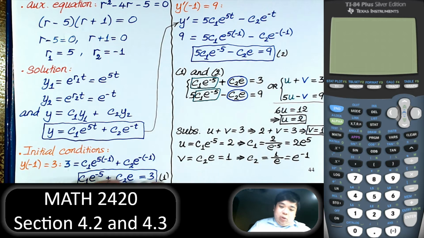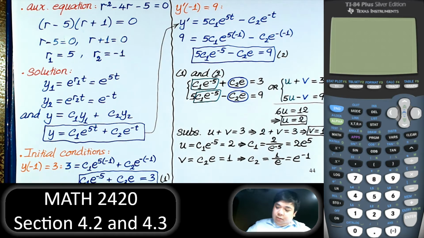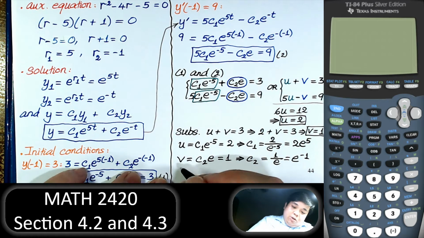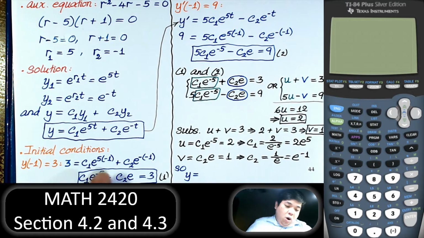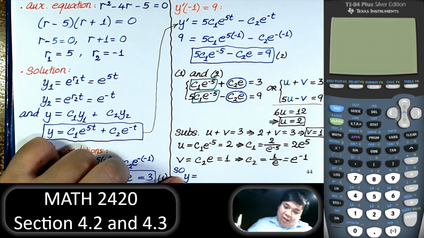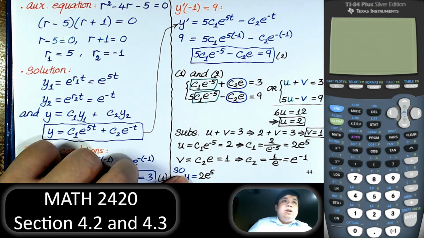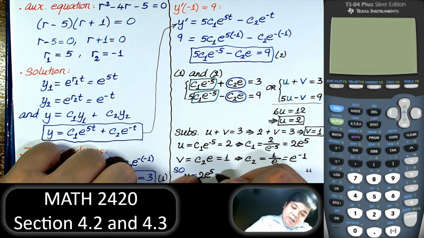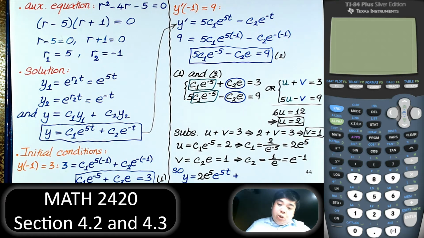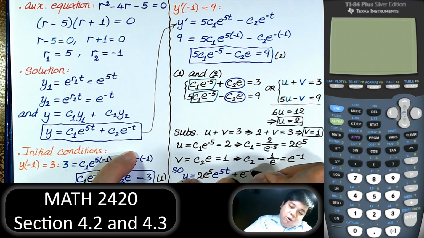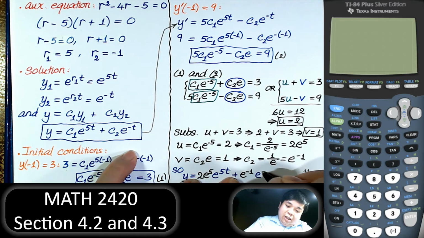Right, so we have c1 and c2, finally put into the equation. So the solution is y equal to c1, which is 2 e to the 5, e to the 5t, plus c2, e to negative 1, and e to the negative t.